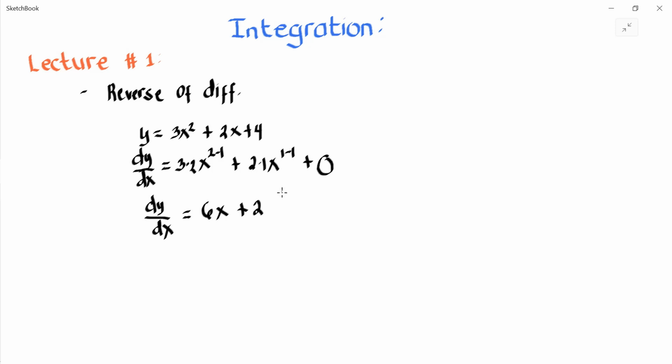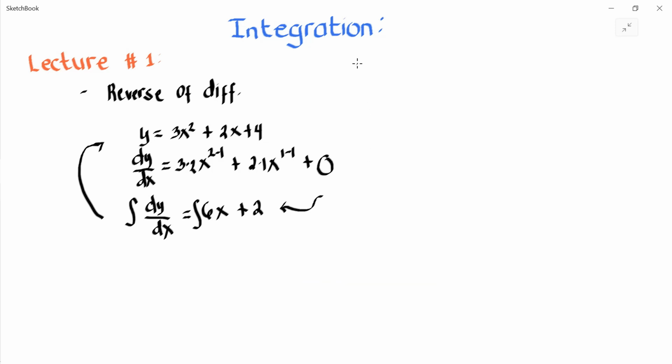As you can see, this is the solved value for differentiation. But when it comes to integration, this is actually the particular value that we are solving, so that we will be able to get the original function that underwent differentiation. So when we integrate this one, we should get the original function.